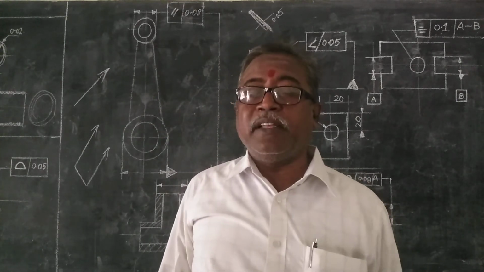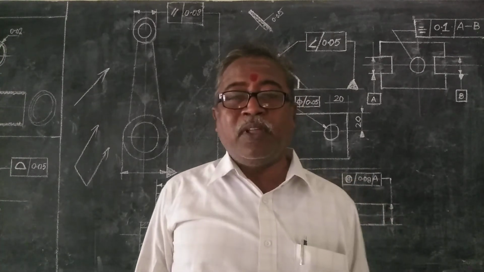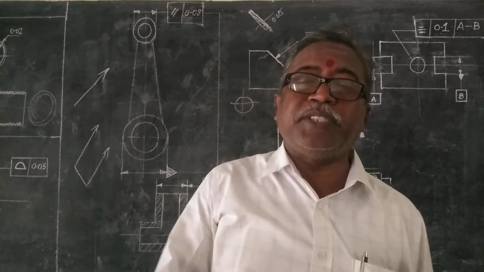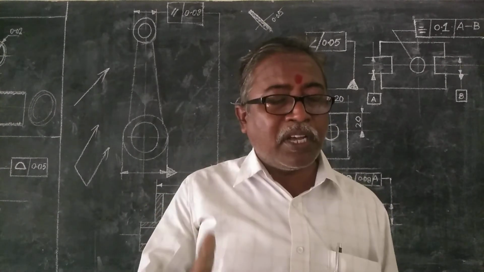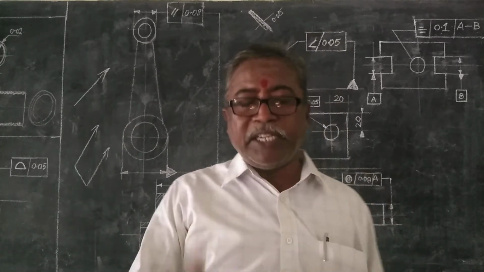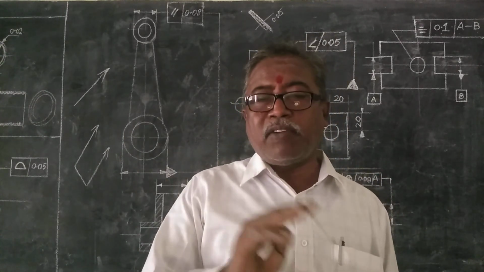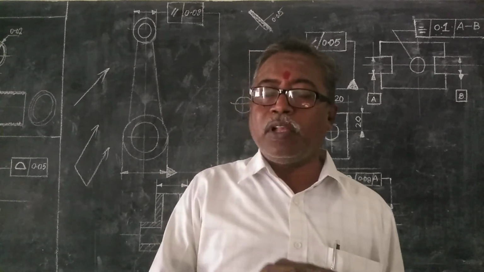Not only the taper piece, sometimes a ball, a sphere surface, will also be checked the same way. Sphere as well as cylinder as well as cone, all three will be checked for roundness in the same way, all the pieces.